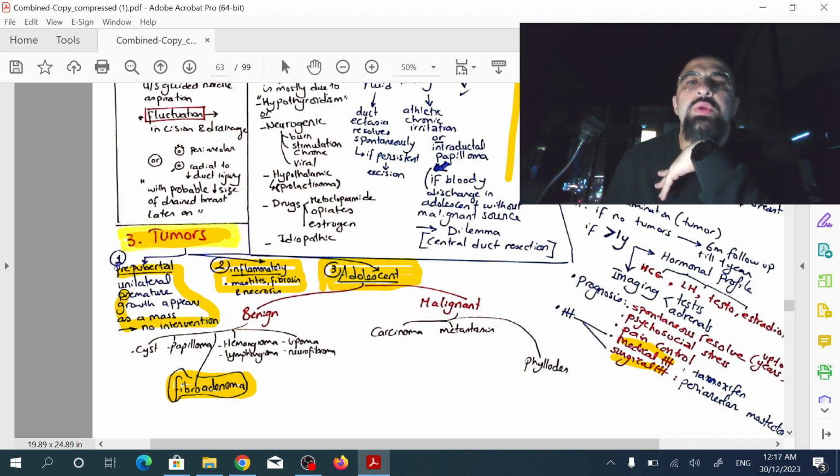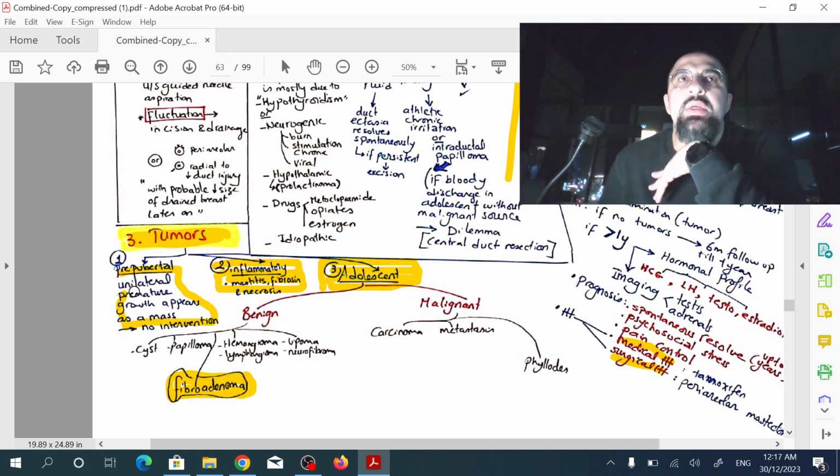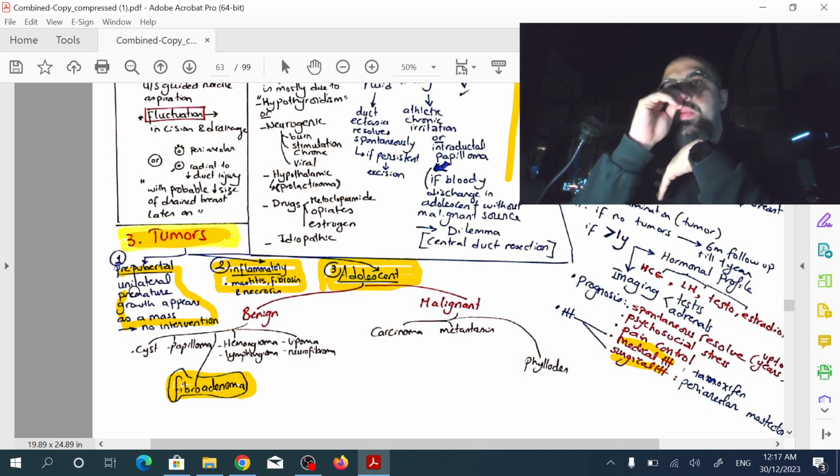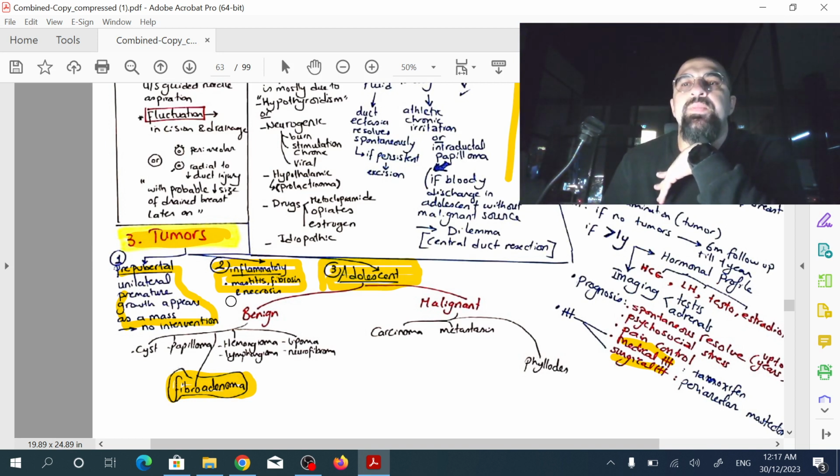To summarize, the most important thing is to detect neonatal gynecomastia and prepubertal gynecomastia, and the importance of history taking, clinical picture, local examination and reassurance of the parents.